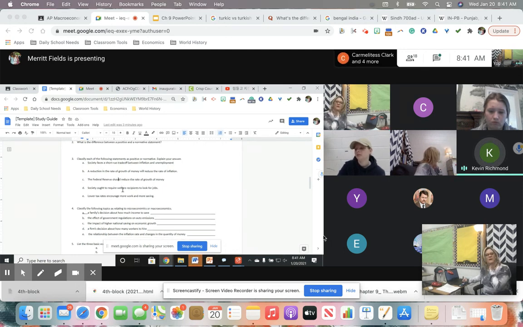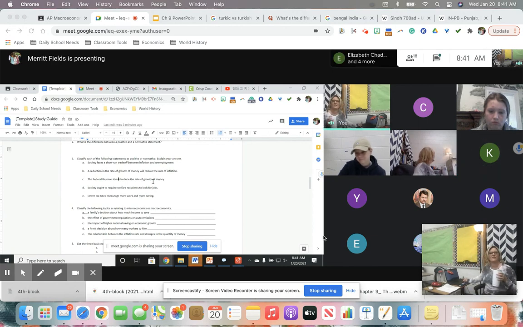So is positive and normative going to be on the test? Like definitional. Okay. It's not going to be a big list like this of deciding whether it's positive or normative. But we need to know when we study economics that there are some things that are economic laws that are true no matter what.